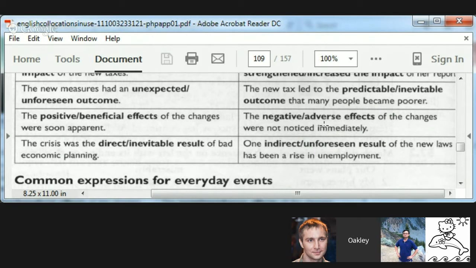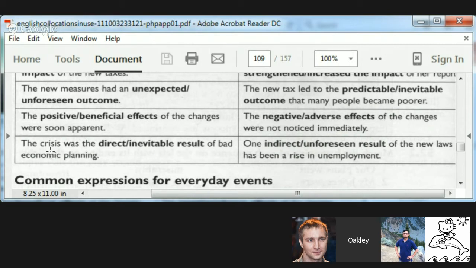But again, remember that effect is a noun, so if you're modifying it, you need an adjective. Side effects can sometimes be good, rarely. If you ask a drug addict about side effects, the side effects are the best part.